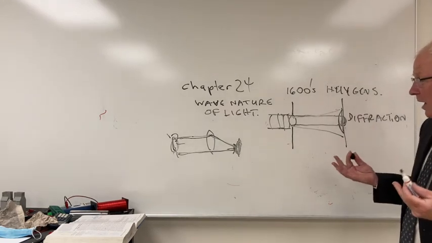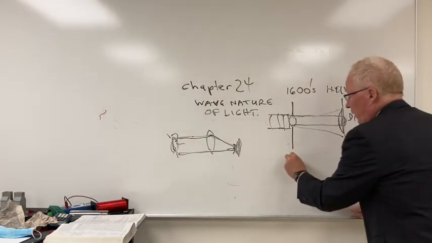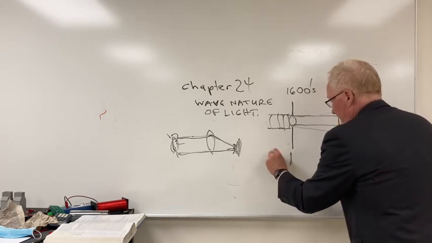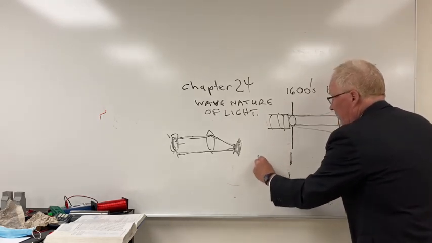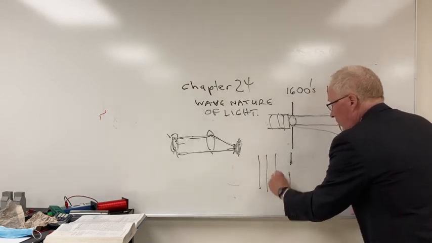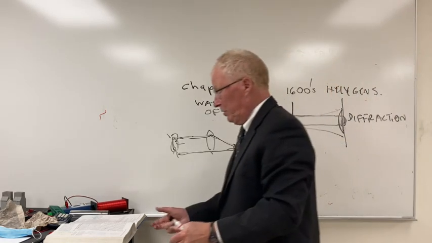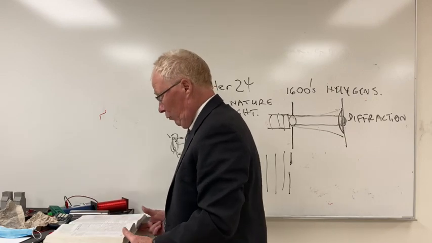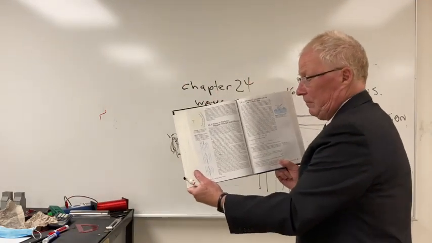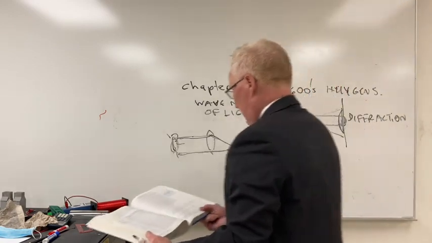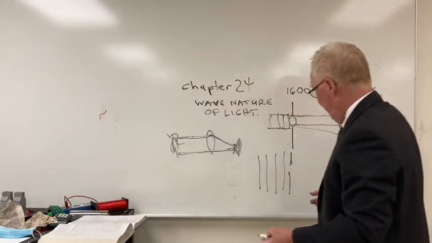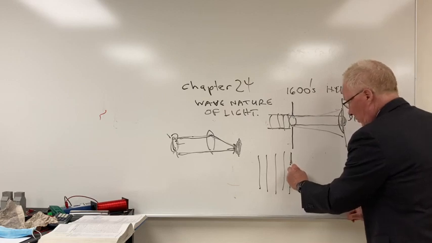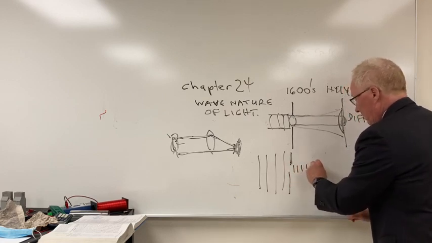if you have water waves coming down, and there's a nice picture in the book of that, then what you've seen, if you've watched, is when they come through, they do not just go straight through.